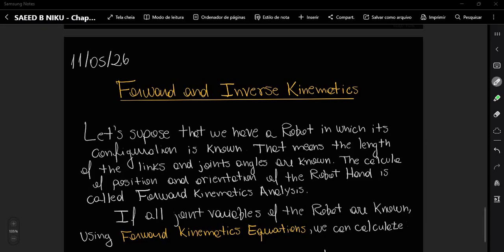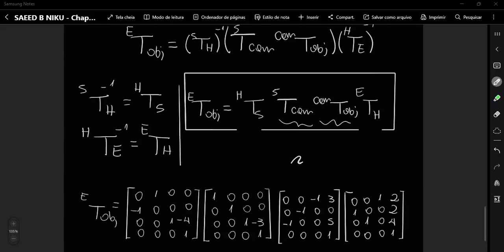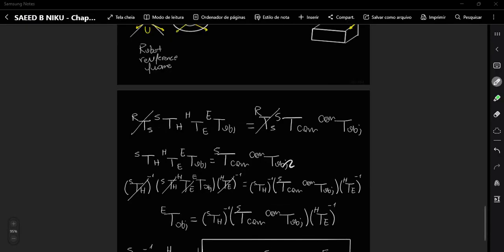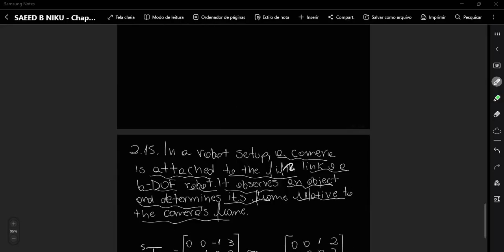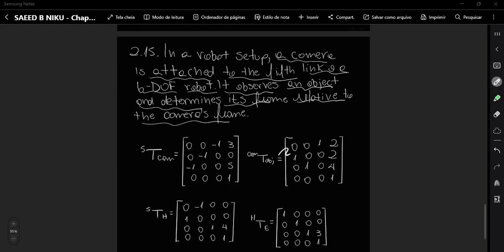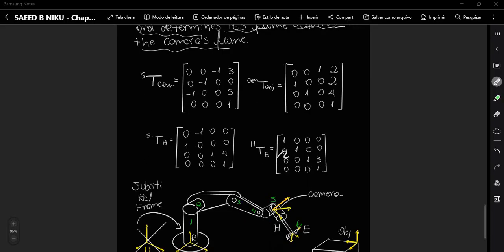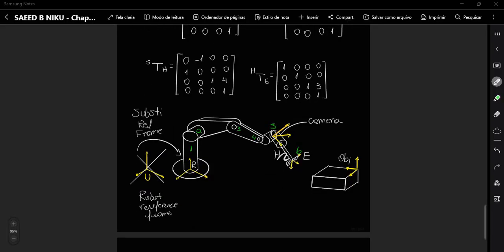Welcome back. In the last video, we were solving example 2.15, which is how to calculate transformation equations and how to interpret a given text, a given task that a robot has to perform.